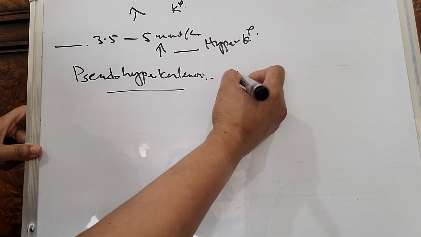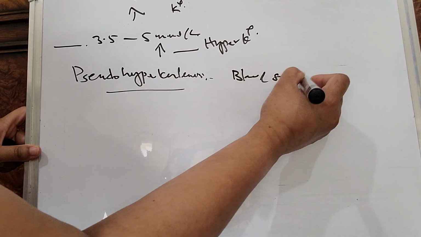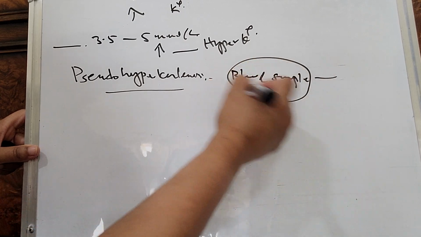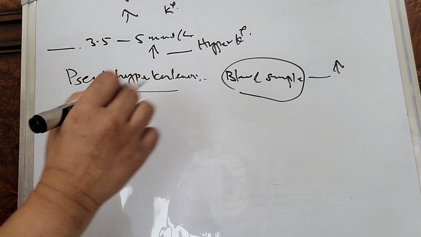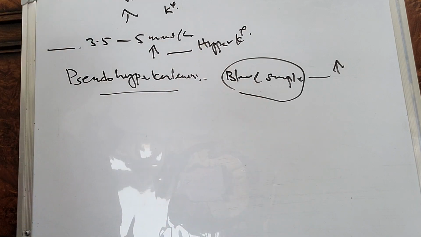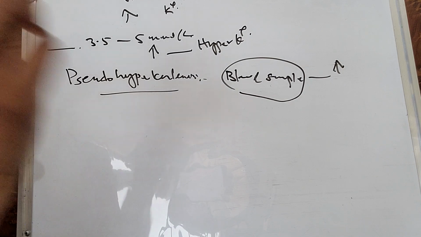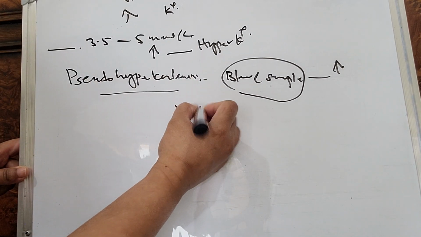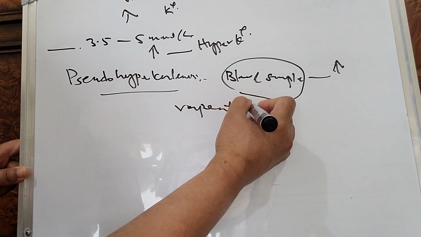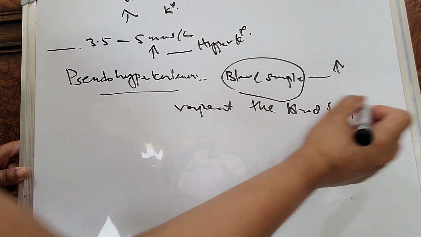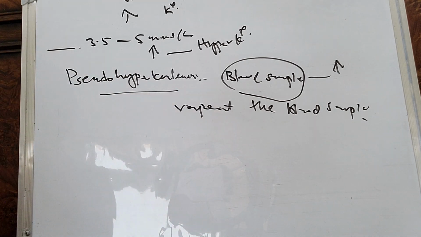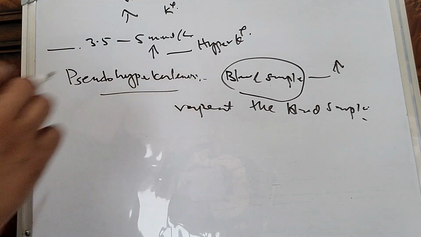The nurse draws a blood sample, but the blood sample is showing hyperkalemia, and the patient doesn't have any signs or symptoms related to this problem. So what is our priority? To repeat the blood sample to verify the diagnosis. So that is pseudo-hyperkalemia. Now we will discuss the causes of hyperkalemia.